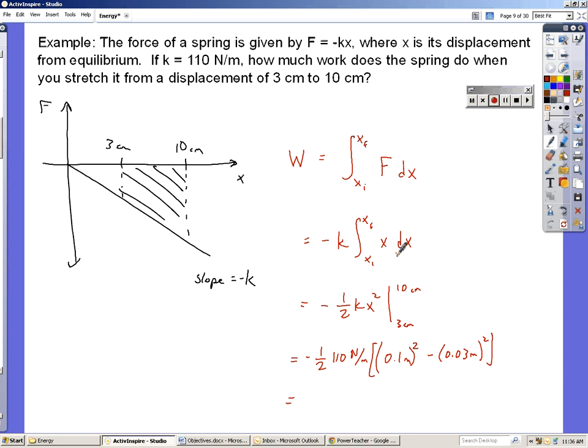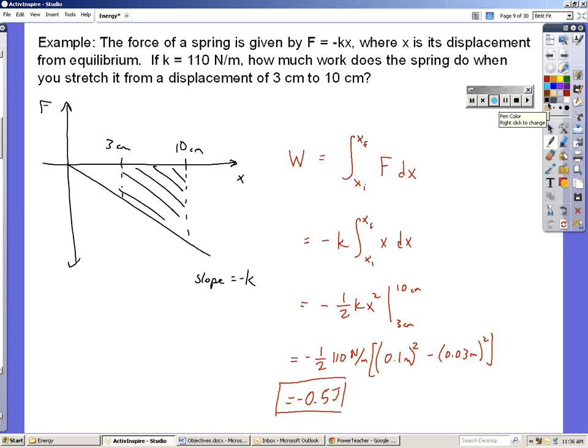You get that the spring has done negative 0.5 joules of work. And that is the work done by the spring.